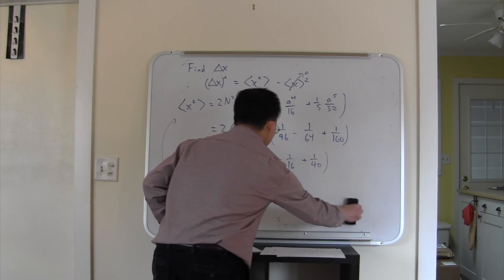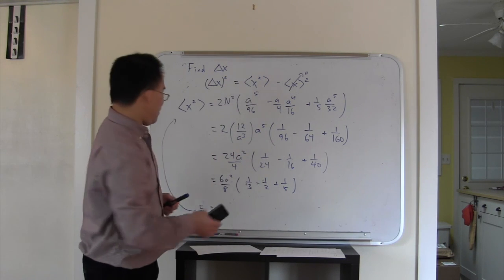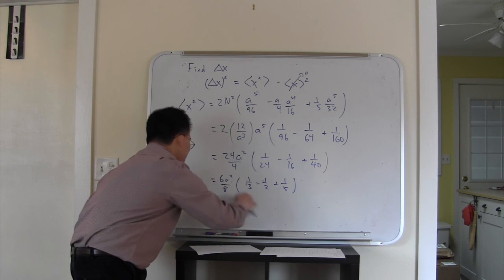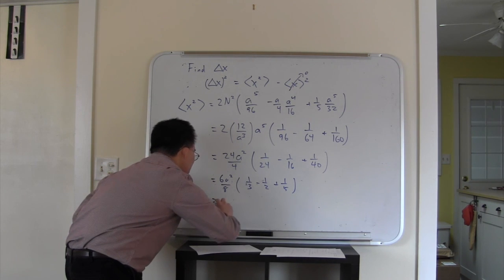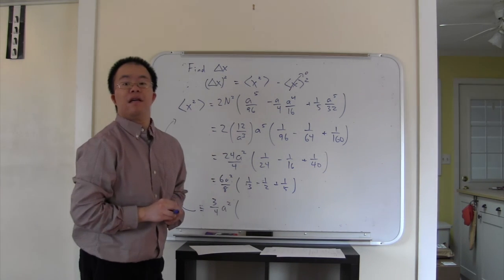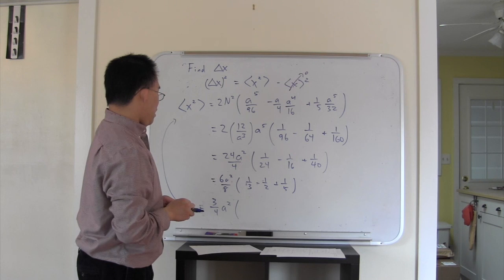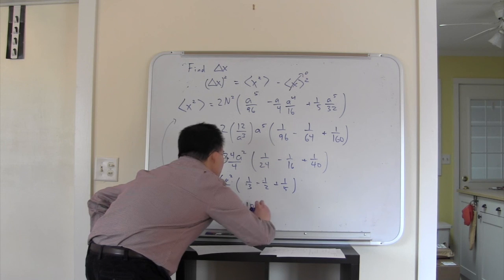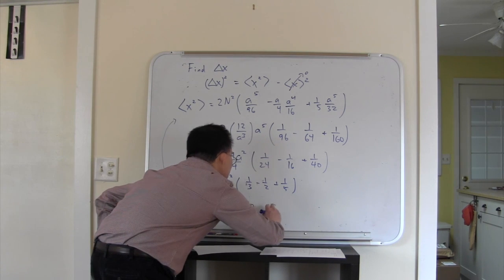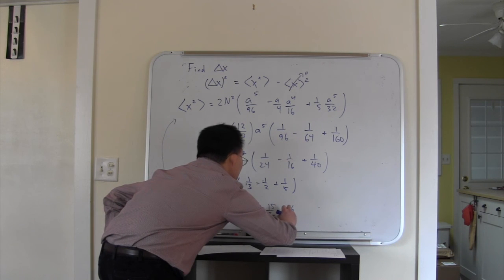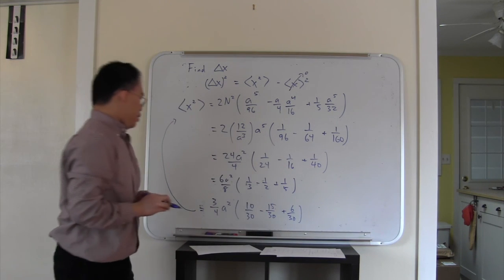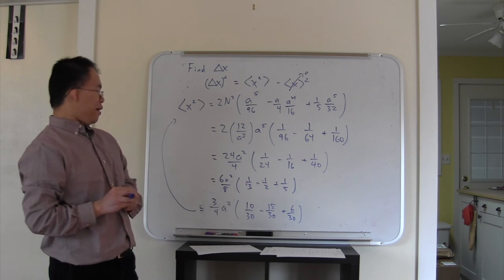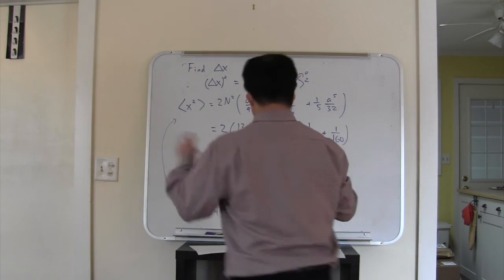Now this simplifies to 3/4 a squared. And let's get a common denominator here. So that's 30. So that's 10, 30 minus 15, 30 plus 6 over 30, and so we get 10 minus 15 is minus 5, plus 6 is 1.